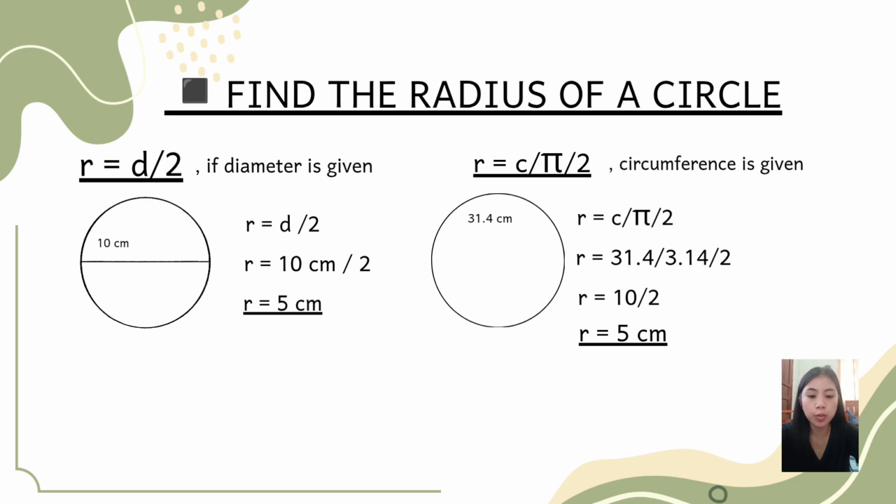We are going to divide first the 31.4 by the 3.14. So radius equals 10 centimeters, and we divide it by 2. So radius equals 5 centimeters. That is the radius of a circle if the circumference is given.